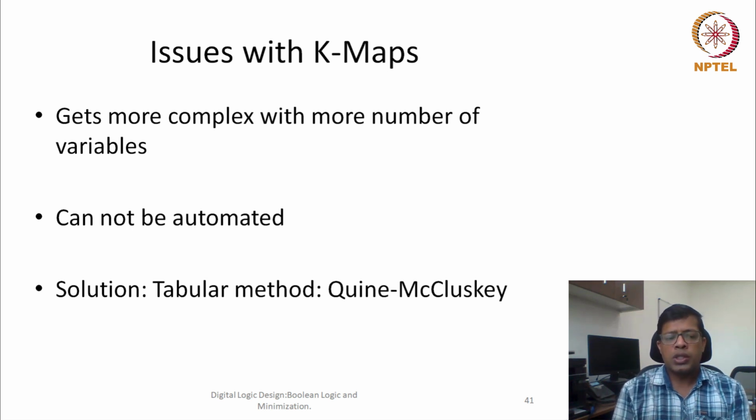Because we rely on our instincts and our visual capability to decide whether two terms can be combined or not, this visual capability is sometimes limiting, and it does not give us a foolproof method.